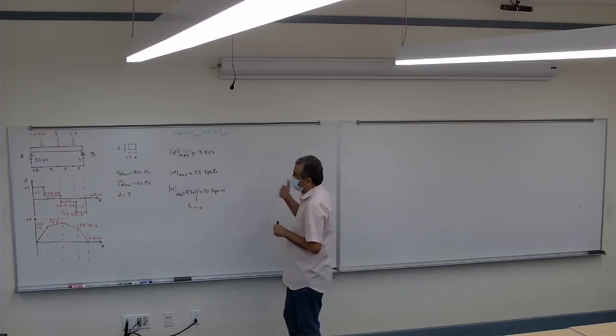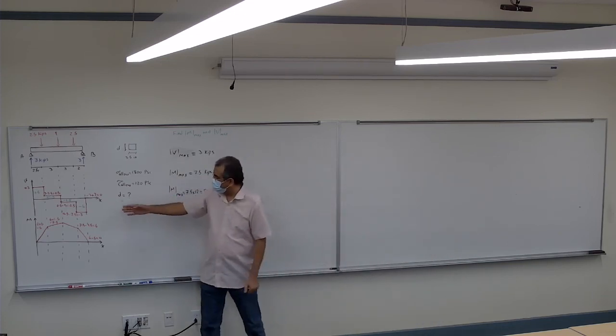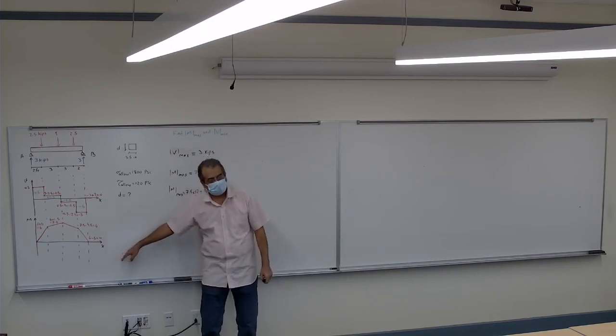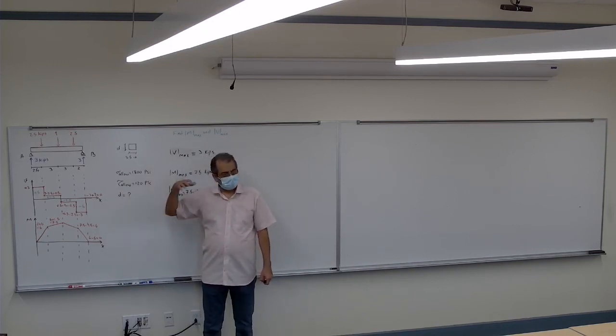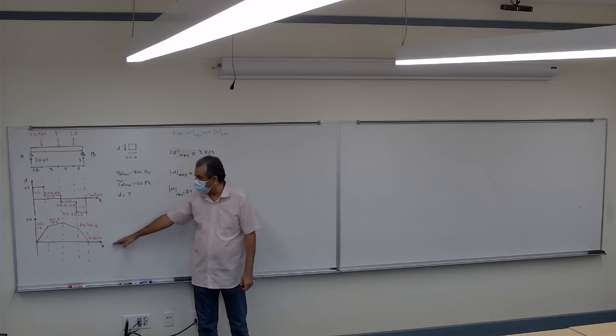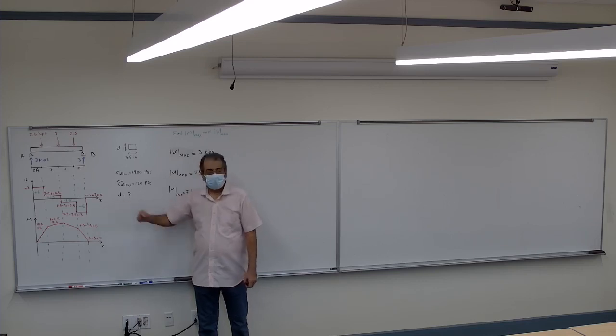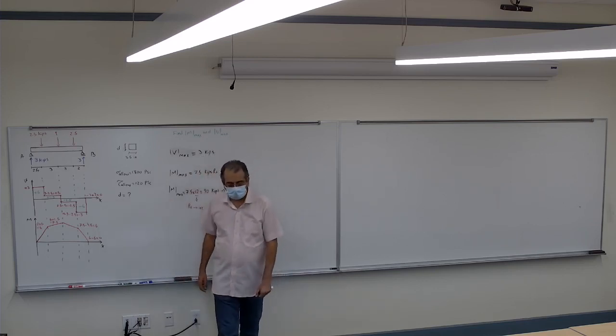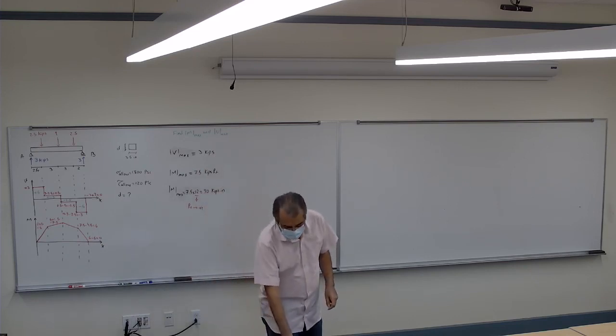So when you want to design it, you have to either design it first for the shear and check it for the moment, or design it for the moment and check it for the shear. As I said, in most cases the moment is the one that defines the case. So most of the time, we start by designing for the moment, and we go back and check it for the shear to see if it stands.